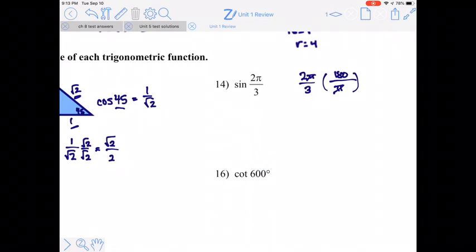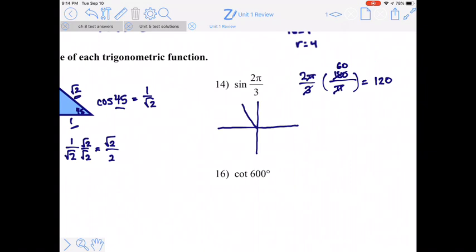So 3 goes into 180 60 times. 60 times 2 is 120. So this is a 120-degree angle, which is right there.